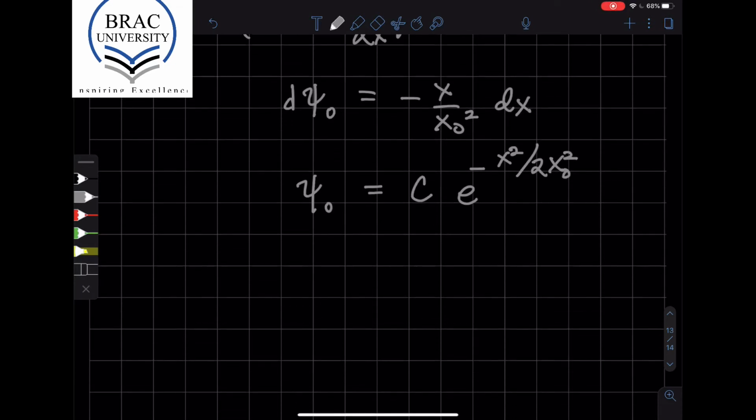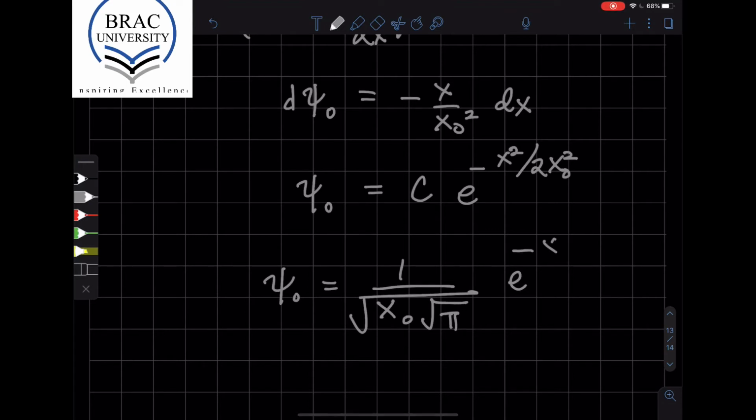Now I can normalize this, and that fixes the constant c, and we can choose that to be real. The constant c becomes the square root of x0 root pi, not pi 0, just pi, times e to the power minus x squared by 2 x0 squared. So this is the wave function of the ground state of the harmonic oscillator.